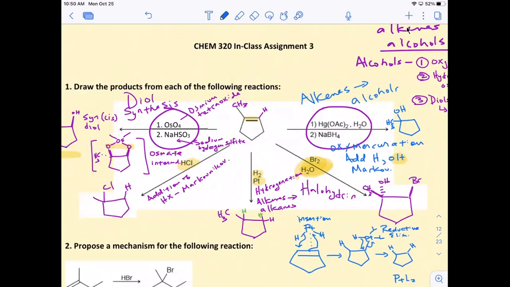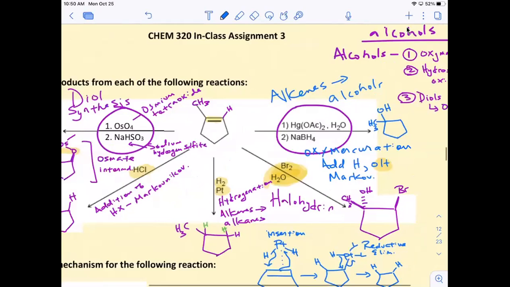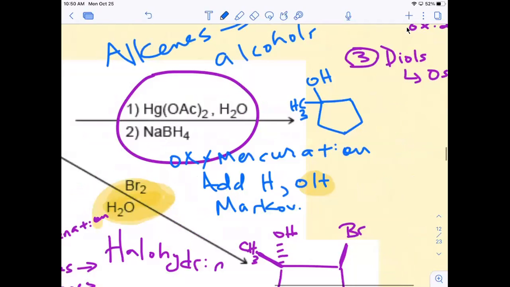I say that because that's a common mistake that I've seen year after year as I teach this section: students will somehow forget that once you use up the electrons in the alkene, the double bond is not going to be there anymore in the product. So don't forget about that. Notice here, there's no double bond left. I've added something to it, and so those electrons got used up.